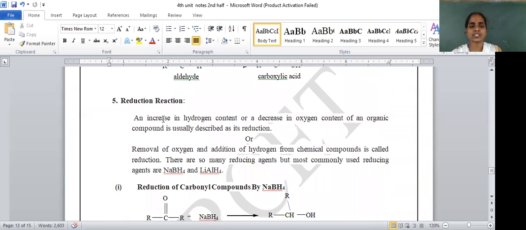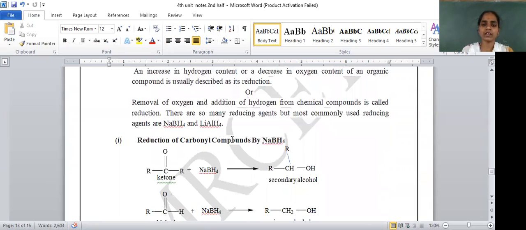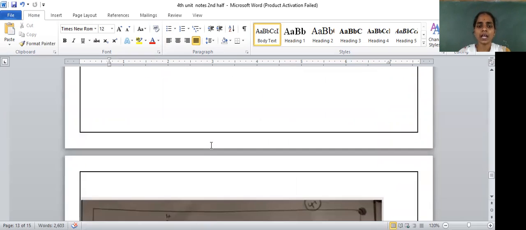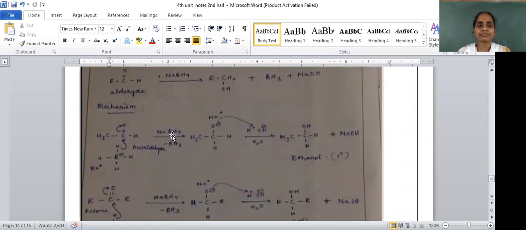And next is the reduction reaction. So oxidation is with the permanganate ion and chromate ion, and reduction reactions are with sodium borohydride, which is the reverse of the oxidation reaction. Ketones and aldehydes are converted into secondary and primary alcohols, and this is the mechanism.